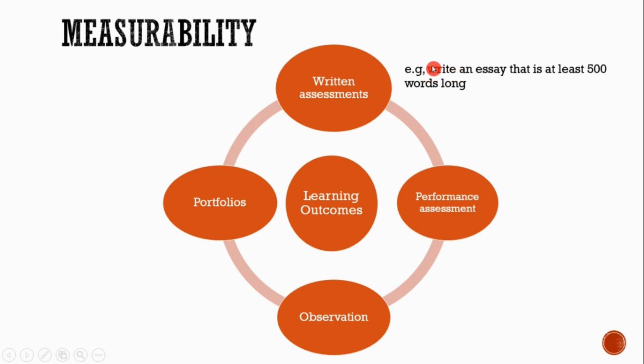And remember, when you talk about a learning outcome affecting your assessment, it is which type of verb do you use? So write can only be assessed by written assessments. And then if you focus on the condition that it gives, at least 500 words long. Okay. So when you look at this verb, it tells you exactly which type of assessment I need to conduct.